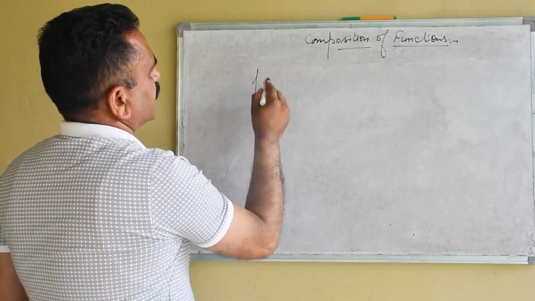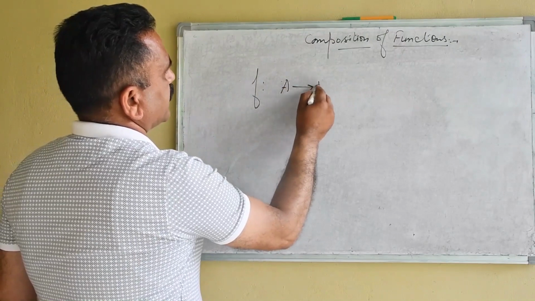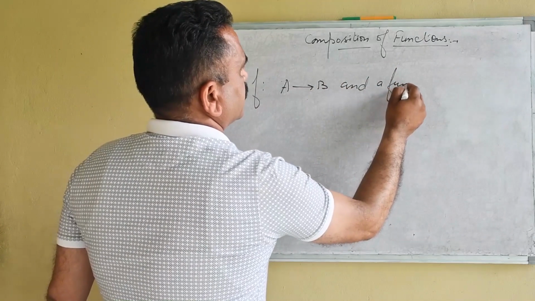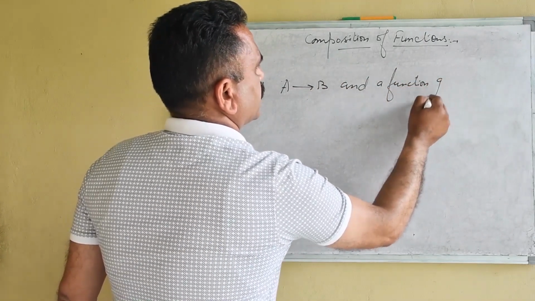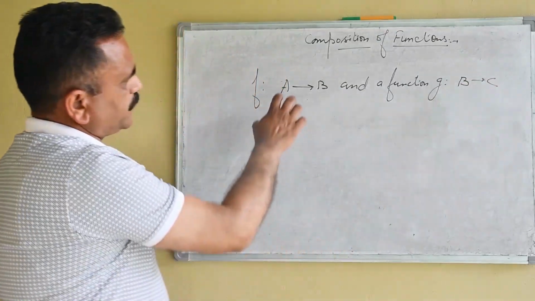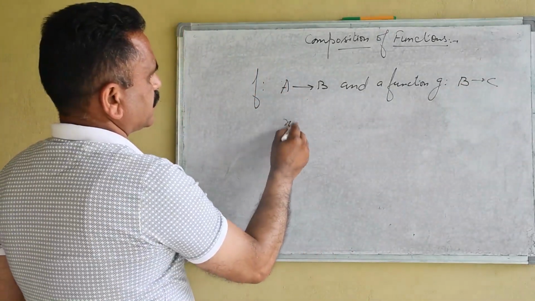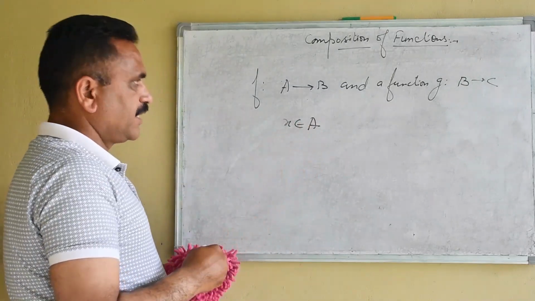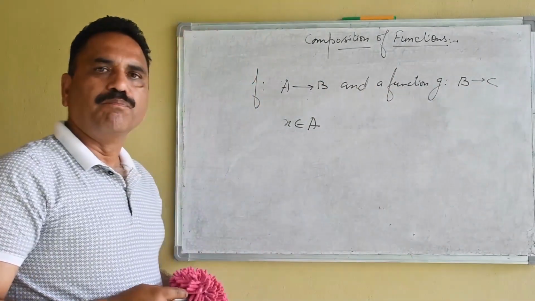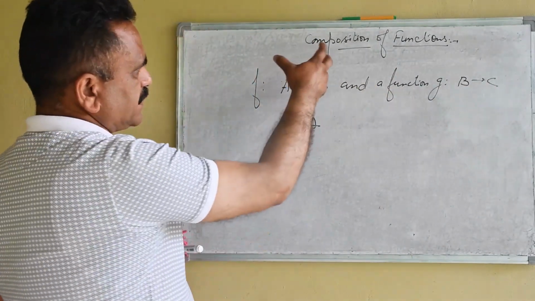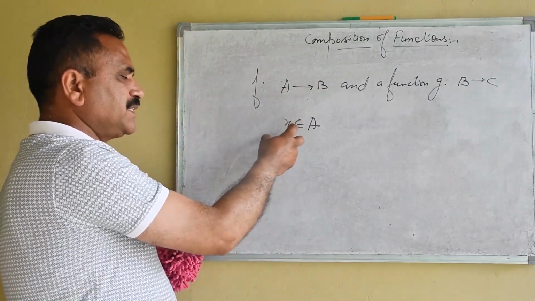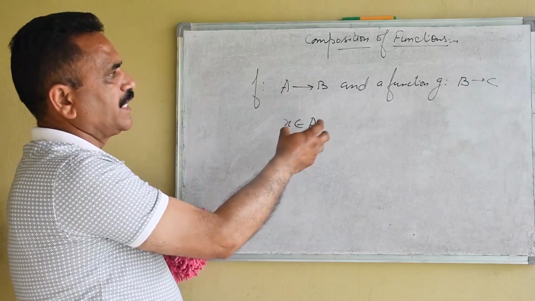Suppose we have a function f such that A to B, and a function g such that B to C. If we send all the elements x that belong to A to C, then this is known as composition of functions. So by this operation, we can send the elements x which belong to A to C in two steps.